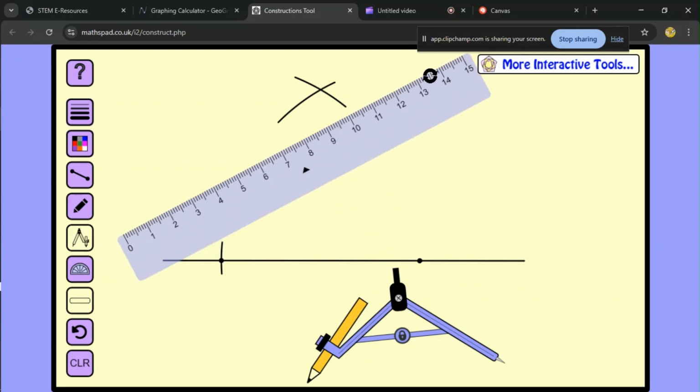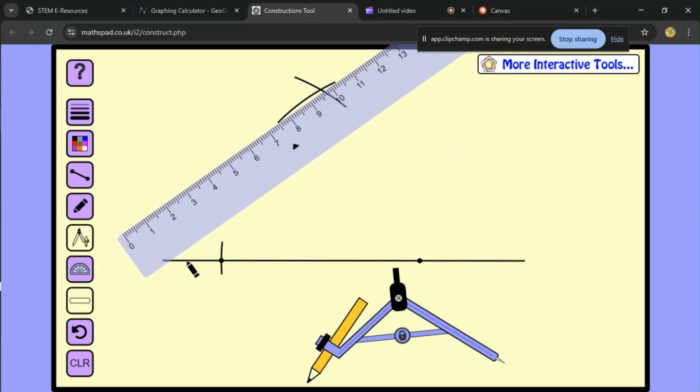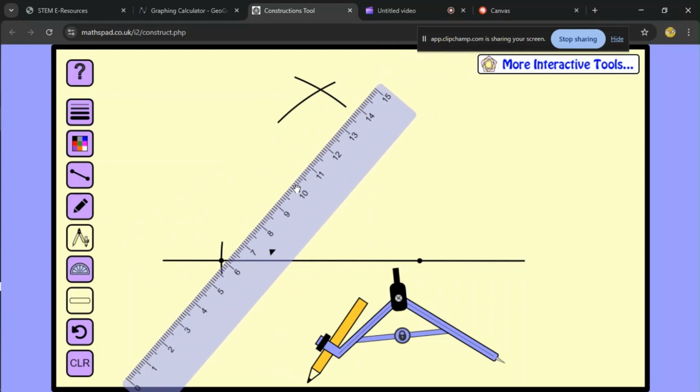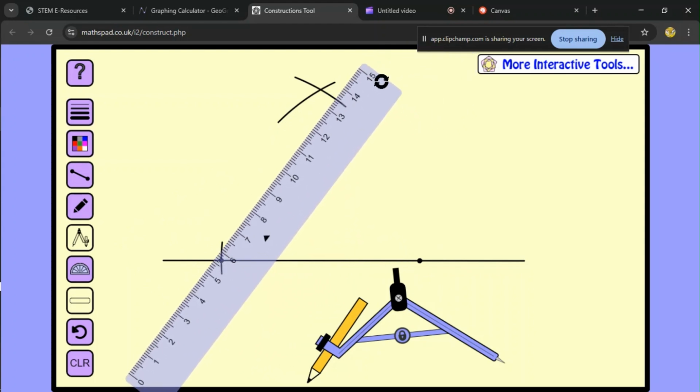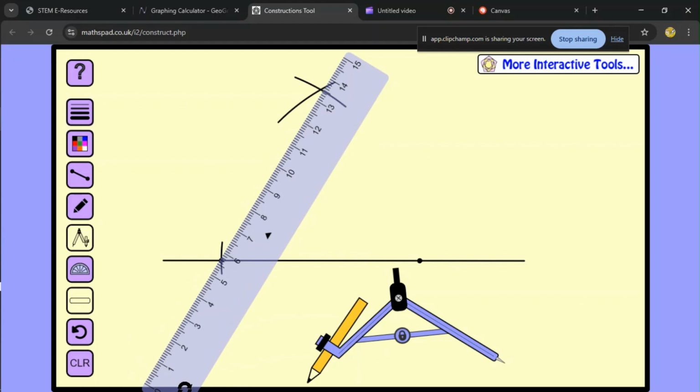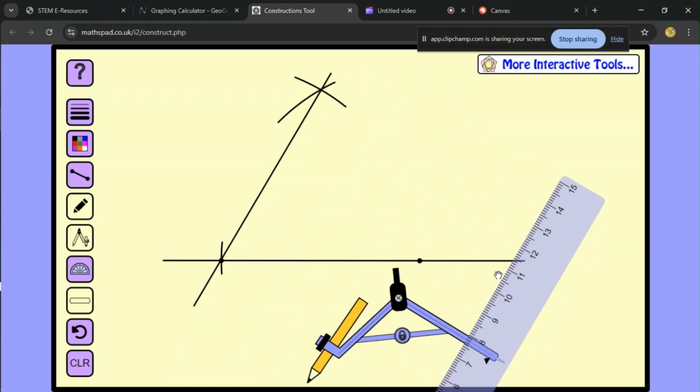I put my ruler there, and I put a mark there to see what I will have. All right, we have that. I join these two marks. You can go ahead of me and join that. If I join that, that is what I will have.